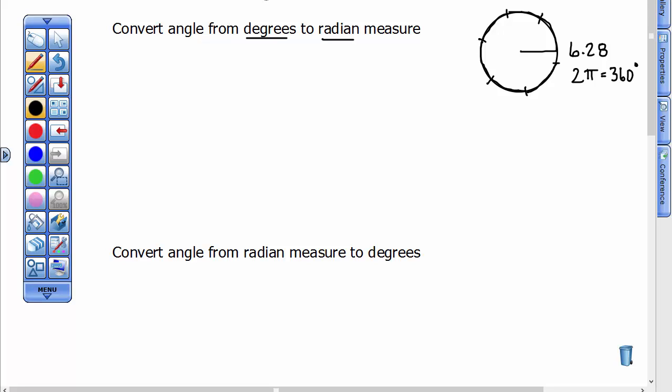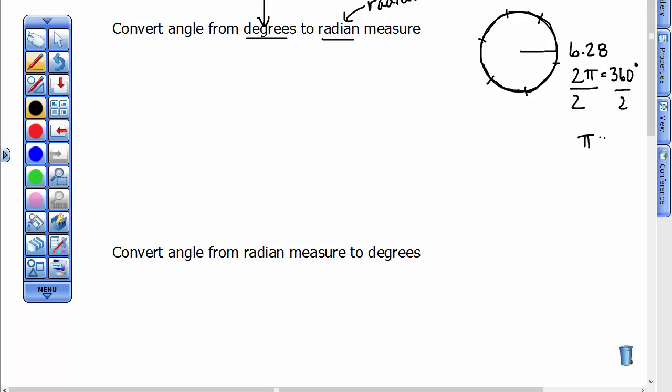And what I want to do now is convert from degrees to radian measure, a word based on the radius of the circle. So since 2 pi radii are equivalent to 360 degrees, I'm going to use a conversion factor. I'm going to divide both sides of this by 2.